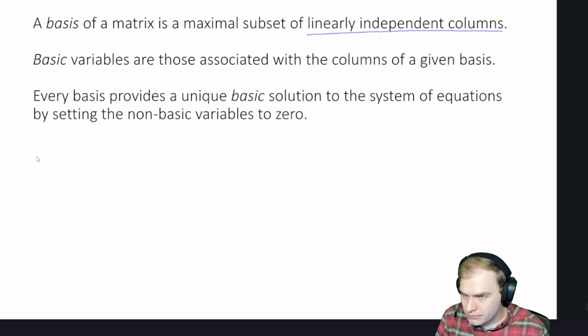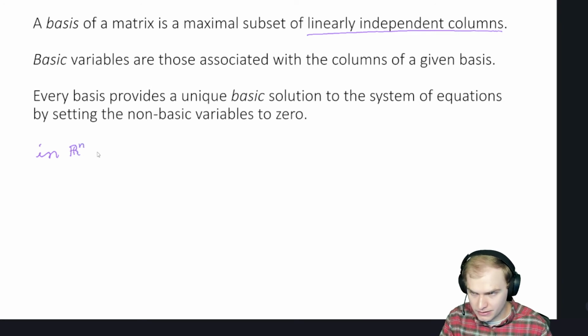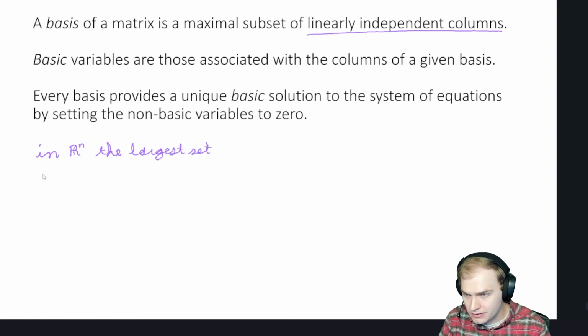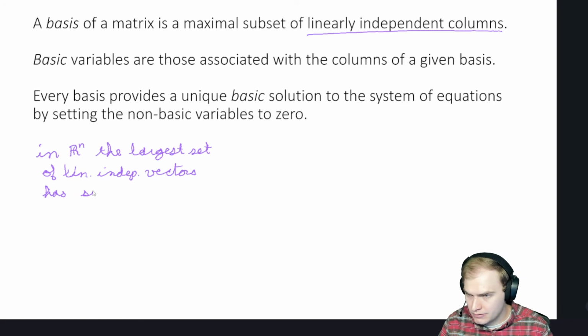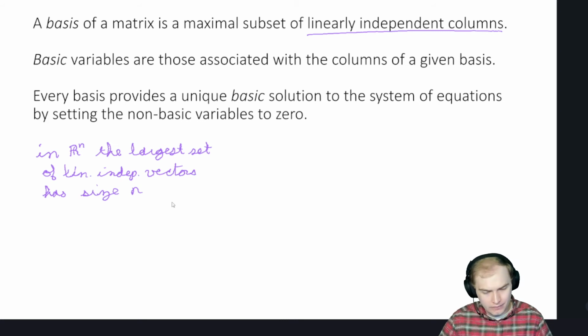So in Rn, the set of real vectors of length n, the largest set of linearly independent vectors has size n, or cardinality n, if you prefer.